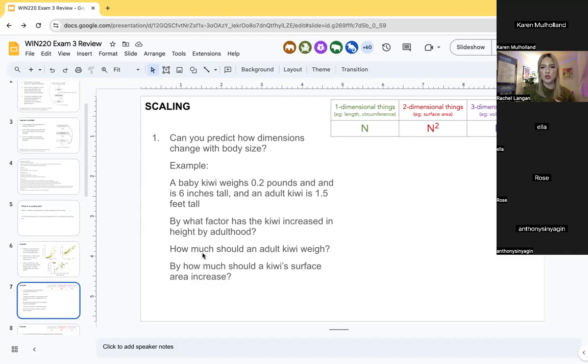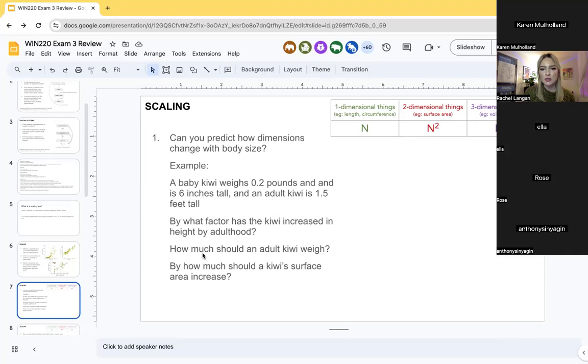Then you should be prepared from there to also be asked about 2-dimensional and 3-dimensional things. So how much should an adult kiwi weigh? That's mass, so that's a 3-dimensional value. We already know what n is. It's 3.